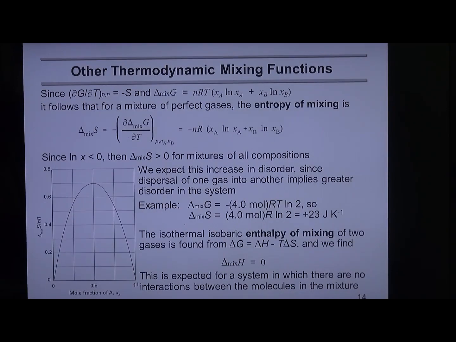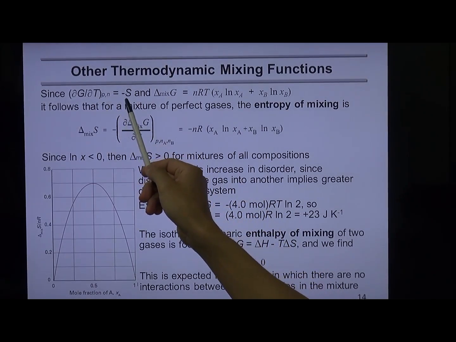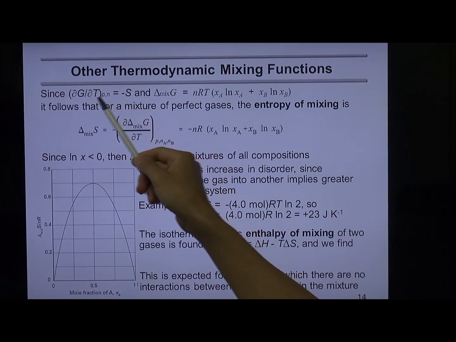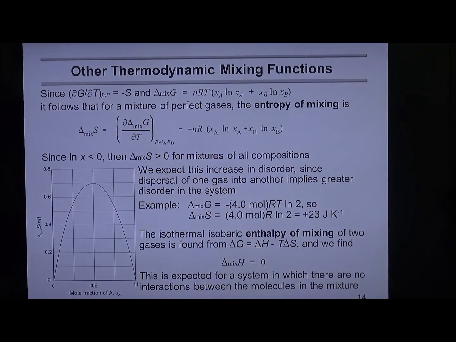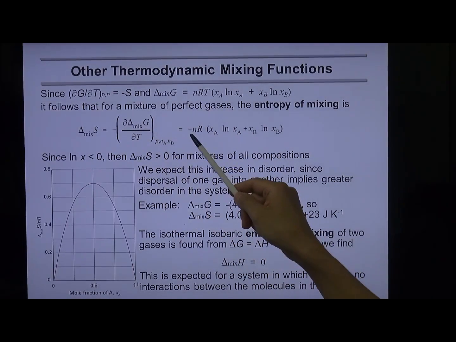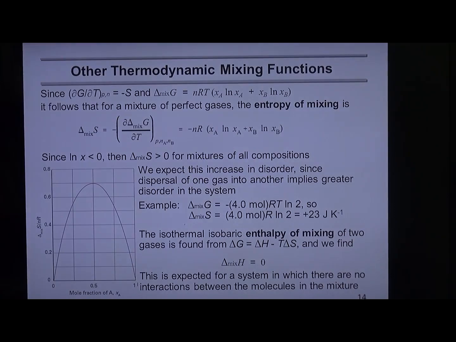So now we calculated the Gibbs energy of mixing. We can easily calculate the entropy of mixing, right? By taking the partial derivative of the Gibbs energy with respect to temperature. So the entropy of mixing is minus nR (x_A ln x_A plus x_B ln x_B).